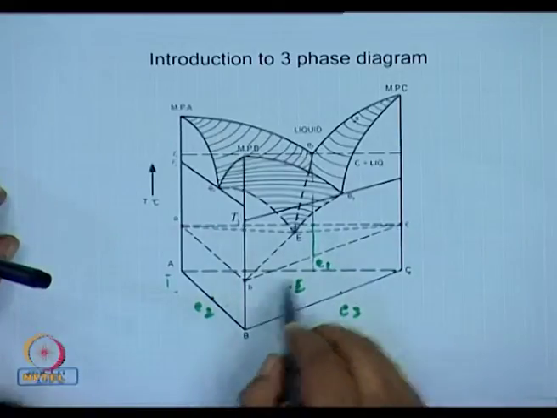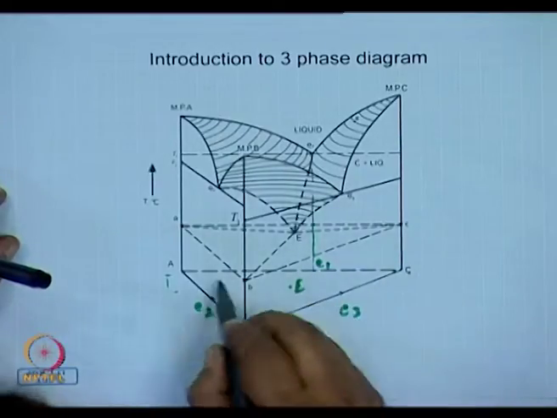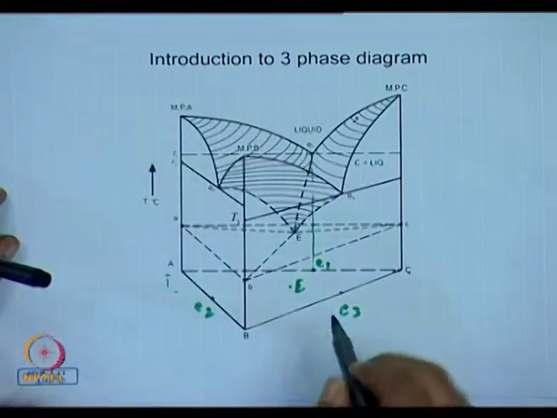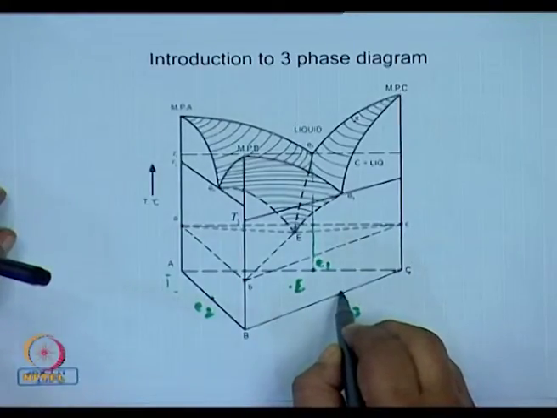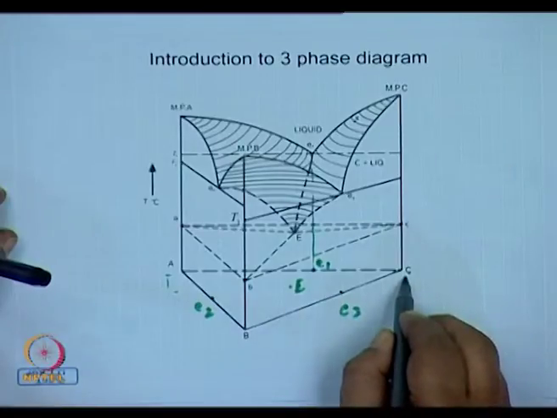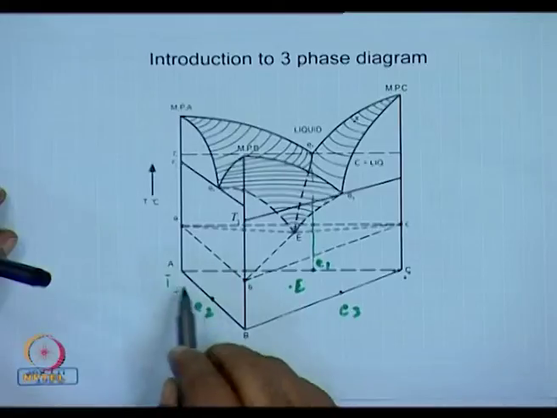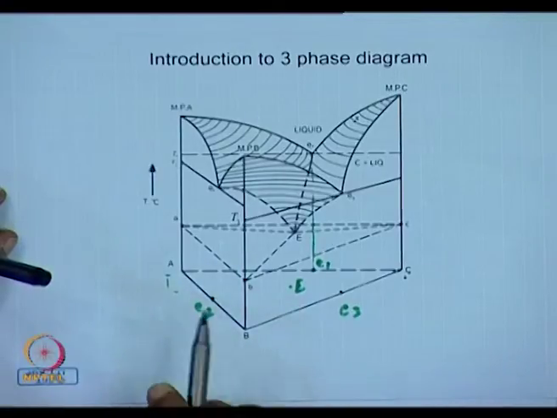And we would have E1 of this binary eutectic represented here, E3 the binary eutectic of BC represented over here, and E2 the binary eutectic of this AB system represented over here.